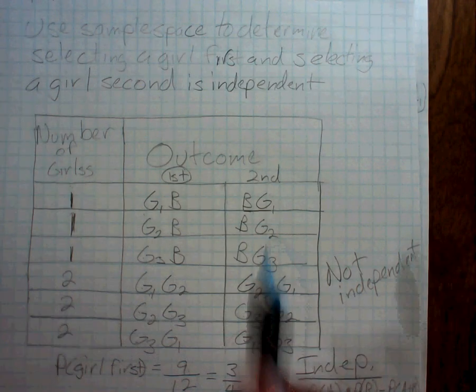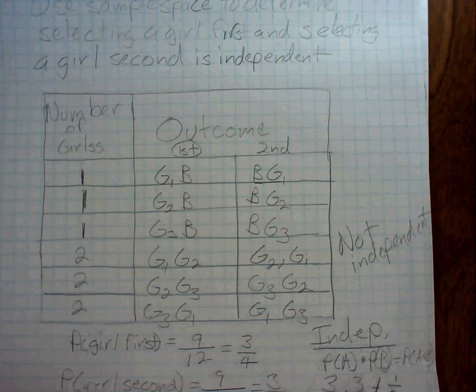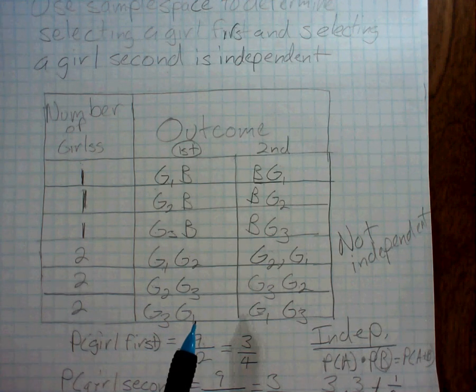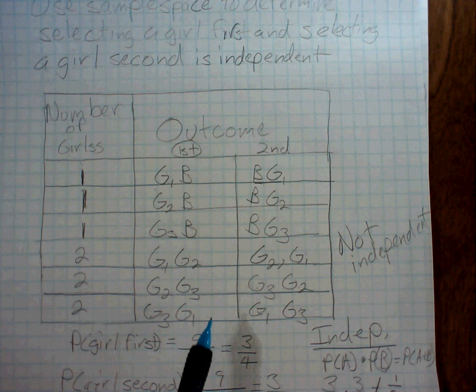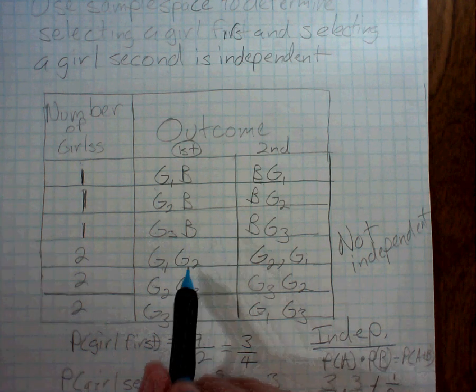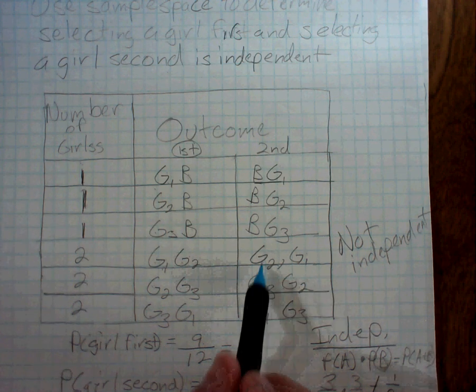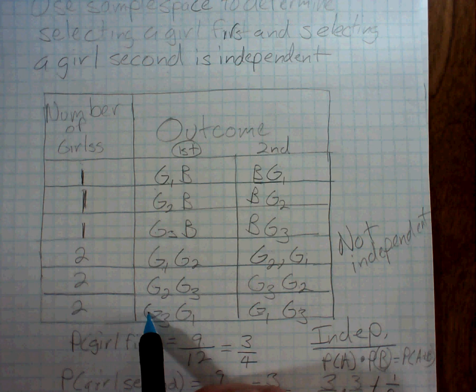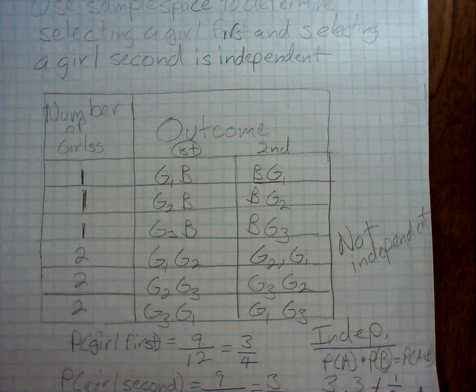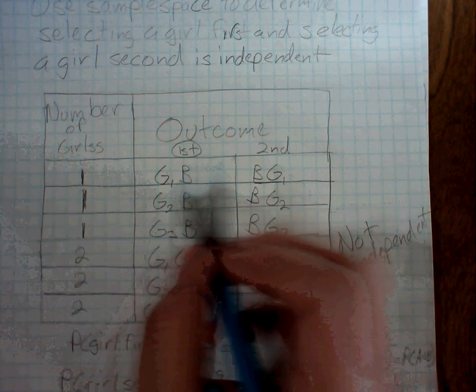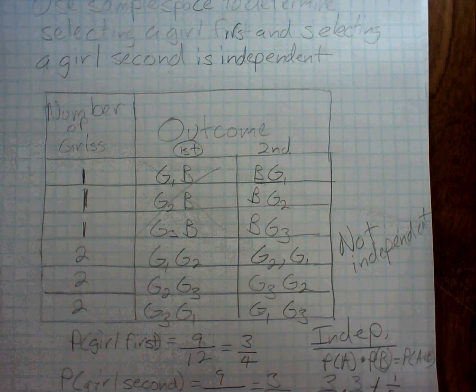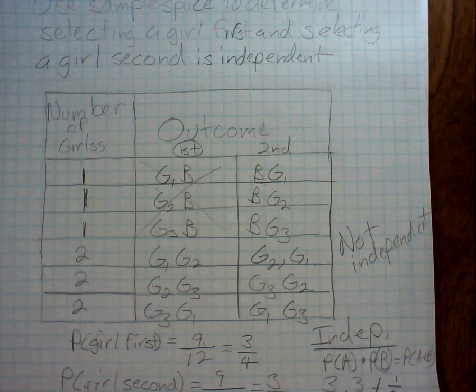So here I'm only going to look at the probability of the second person being a girl. So I'm going to look to see that the second person is a girl, but the first person is also a girl. So then my sample space changes because this won't count because the second person is not a girl.